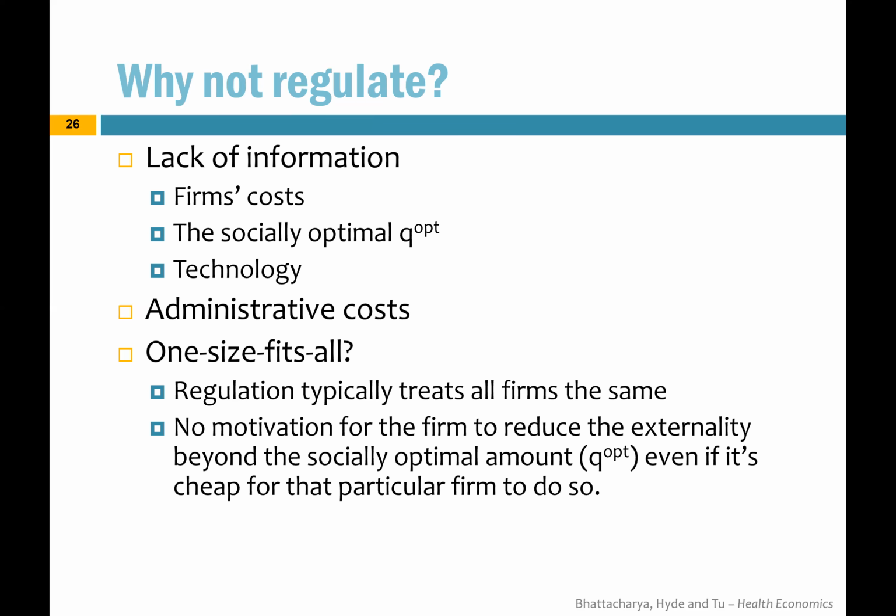However, if all you have is a blunt instrument regulation, there's really no incentive for them to continue reducing that externality as long as they're below that threshold, that vertical line that appeared in the previous graph, even if it would be cheap for them to do so. So that would be a lost opportunity and kind of a poor incentive. It would not be an efficient way to produce this good or service.